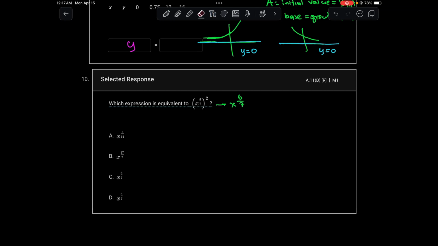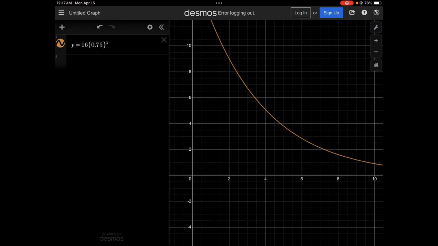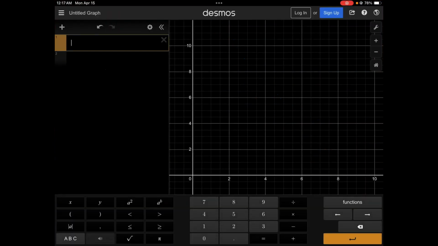But if you don't know the properties of exponents, if you don't know that when you have a power of a power, the two exponents multiply, how would you do it? Well, this is how you would do that. First of all, you would convert each expression into a function. How do we do that?